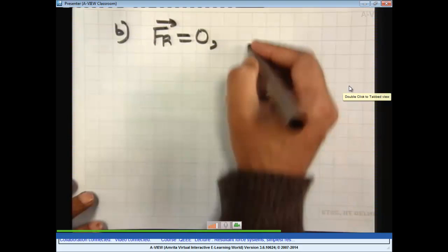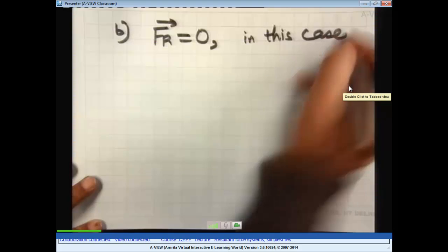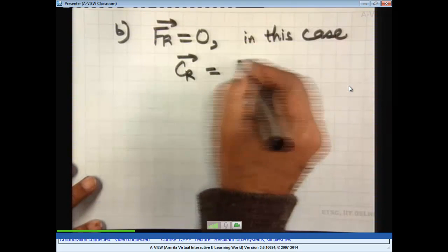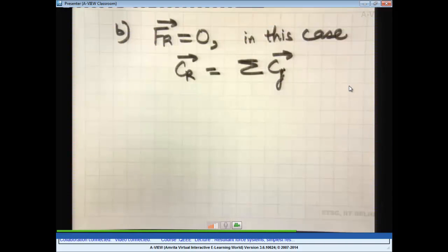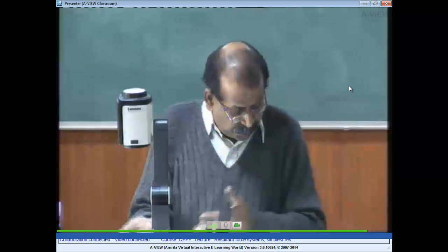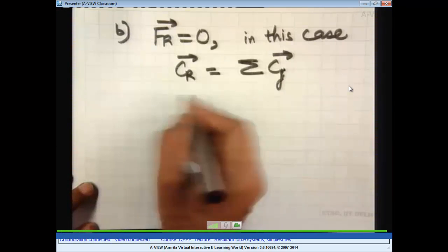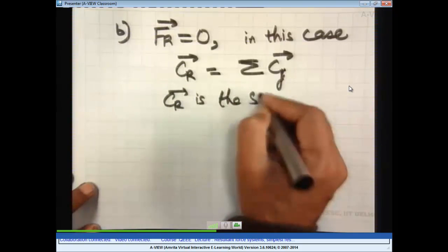In that case, we only have a couple CR which is equal to sum of the couples Cj, and in this case we only have just a couple and this CR is the same at all points.